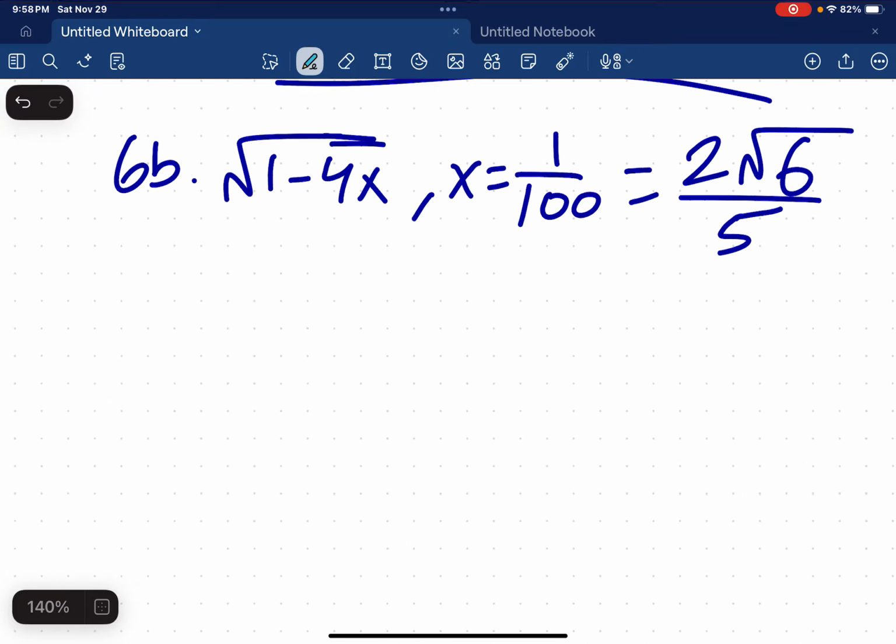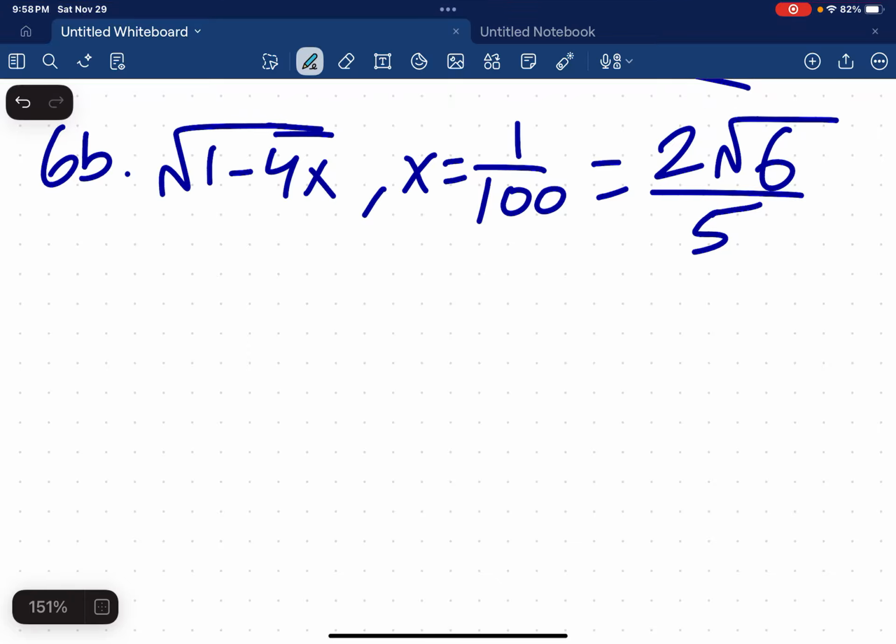All we really need to do here is plug x equals 1 divided by 100 here.